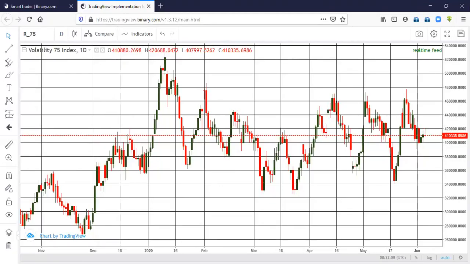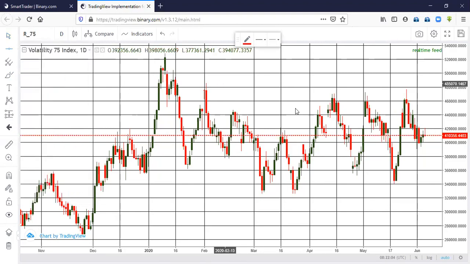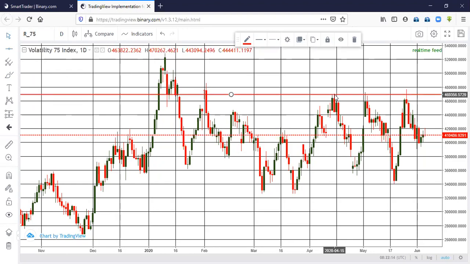The first thing you should do is plot your support and resistance lines. We take the nearest high and the nearest low point. This region here is our nearest high, which is our resistance level, and we also take the lowest point, which is this one.